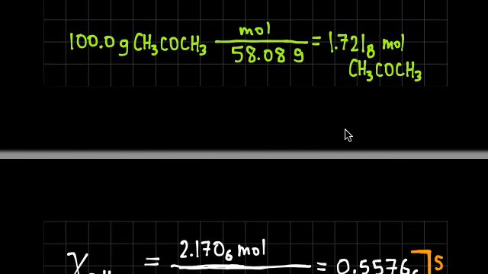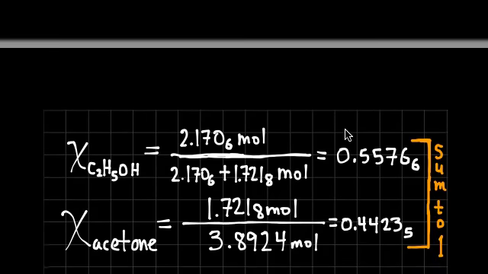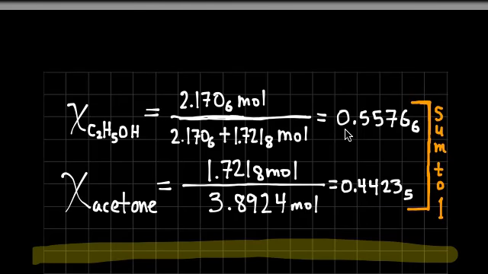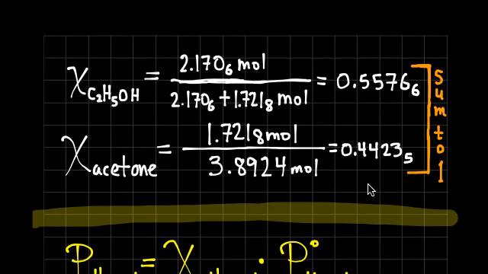Then I go and I find the mole fraction of each in the container. Alcohol, acetone. This plus this in the denominator is the same as 3.8924. By the way, these both add up to 1, so I could have easily got this number by just subtracting this from 1, but I was being silly.